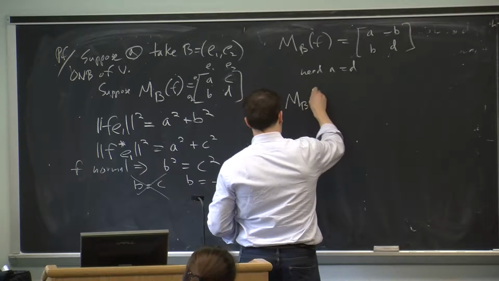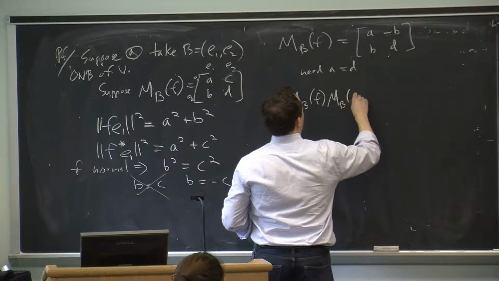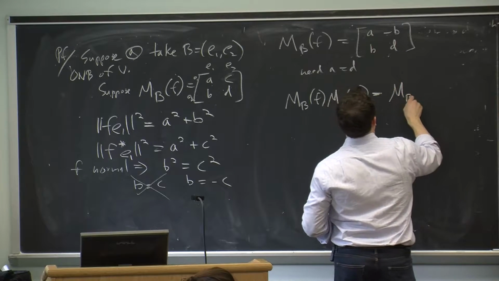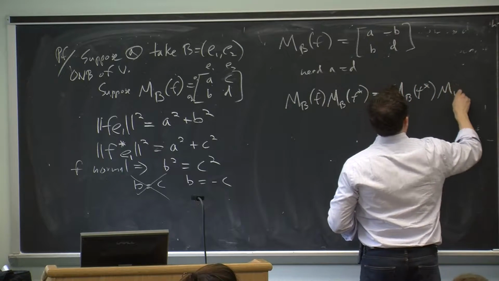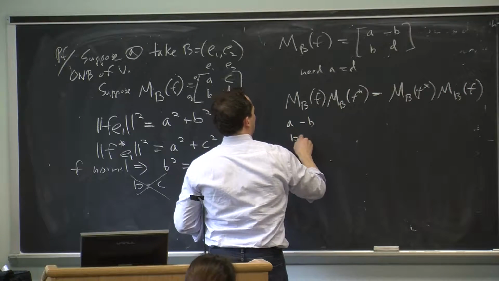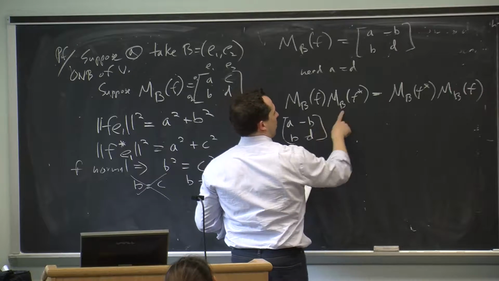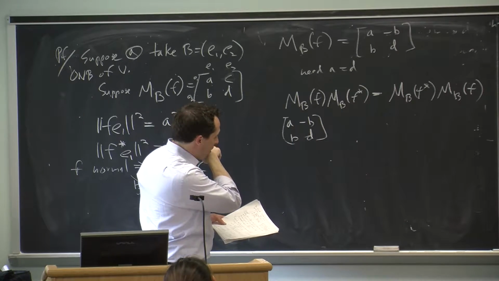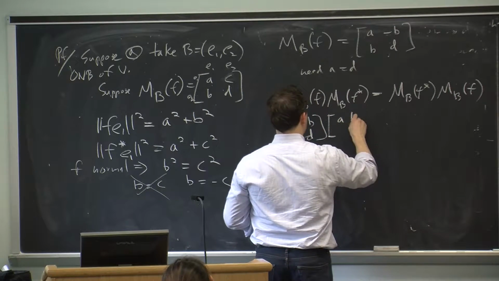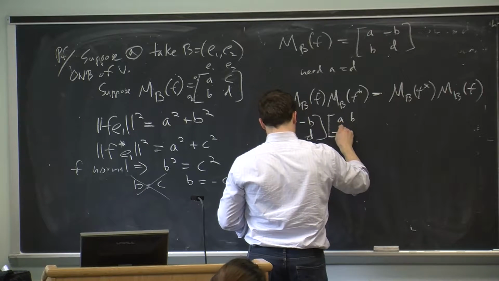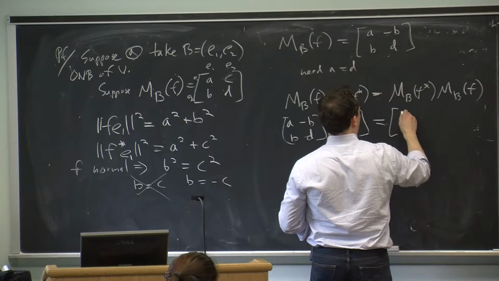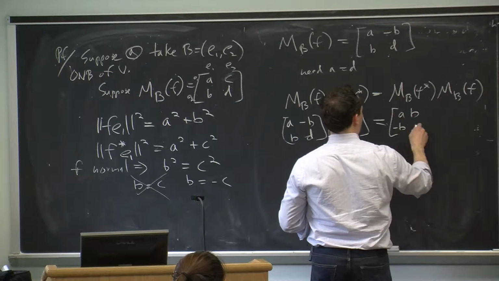we have that MB of f, MB of f star has to equal MB of f star, MB of f. We know MB of f, that's A, minus B, B, D. MB of f star, if you remember, is equal to the conjugate transpose because we have an orthonormal basis, so that's A, B, minus B, D, and that equals the same thing but in the other order.